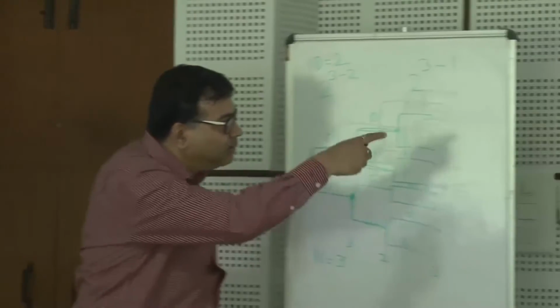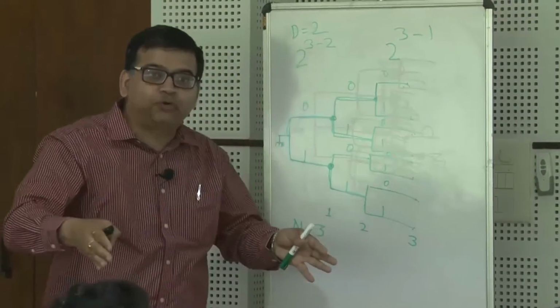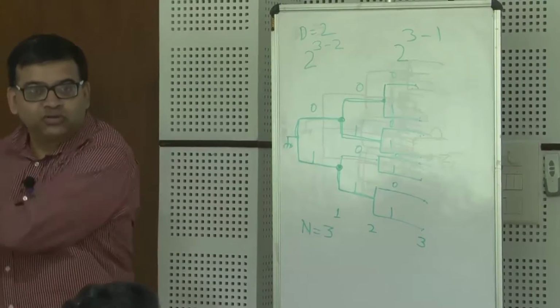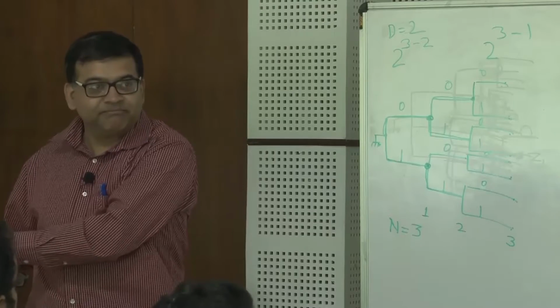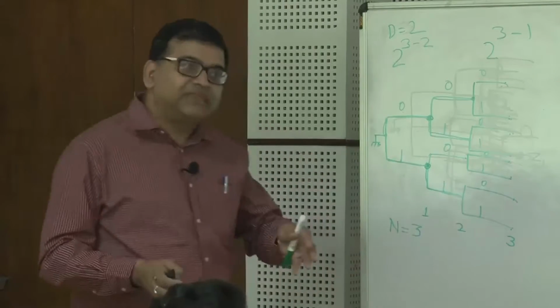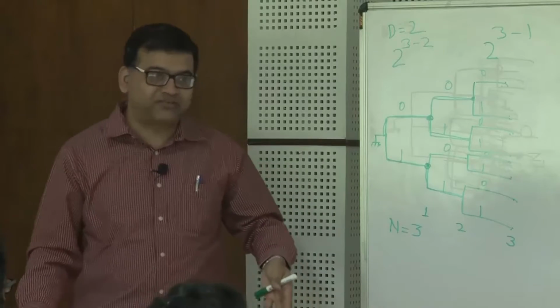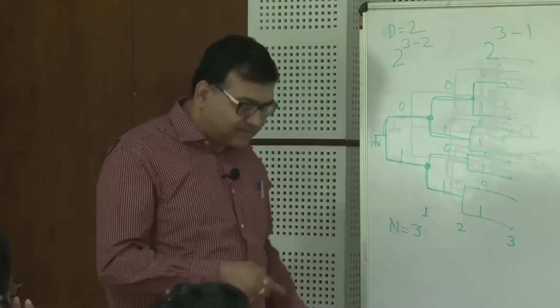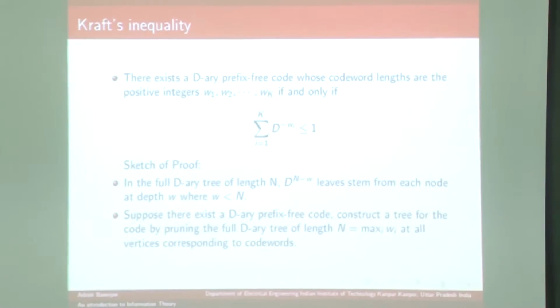So, when we remove leaves at each step, the total should add up to less than or equal to d raised to power n. That is when we can map all these prefix free codes to our tree, correct, and that is the condition. If you simplify that, it will come to this condition, which is known as Kraft's inequality.